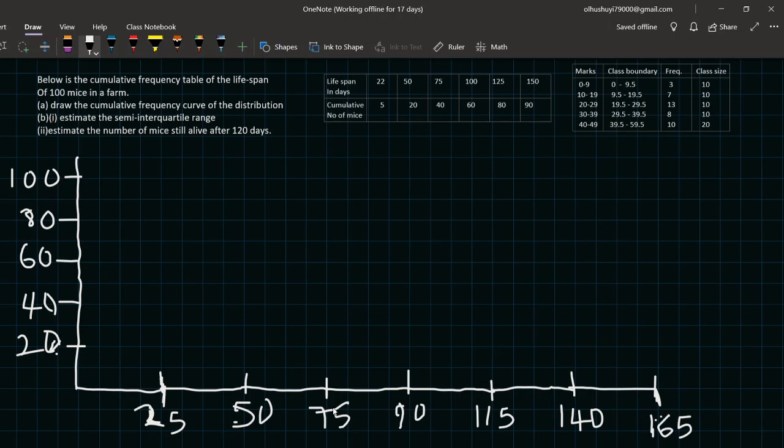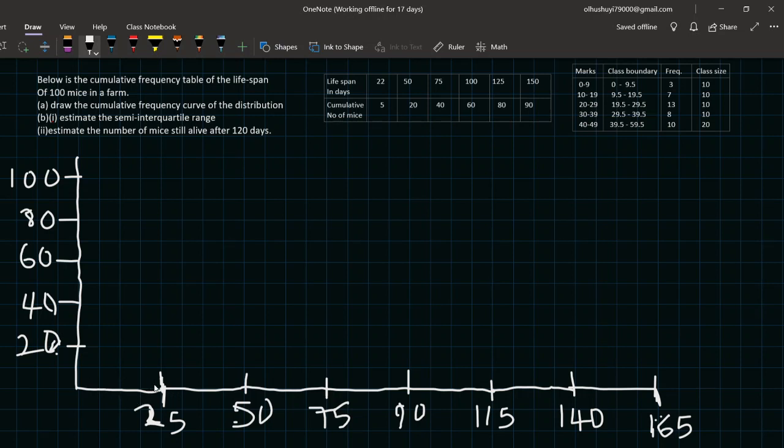So let's go with 5 to 25. If this is 20, this will be 10, and if this is 10, this should be 5. So the y-axis starts from 5, and the x-axis starts from 0. So I pick this as 5. 5 to 22, so this is 25.